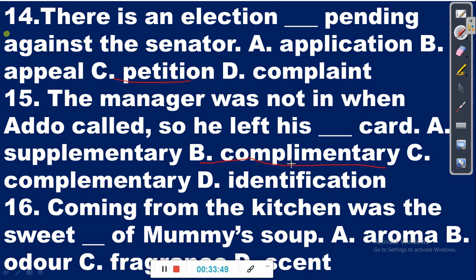See, we have complementary. Complementary here is derived from the word to complement. And if two persons or things are complementary, it means they complement each other. And that means they combine to make each other better. They form a useful combination in terms of skills. So a husband and the wife can complement each other.